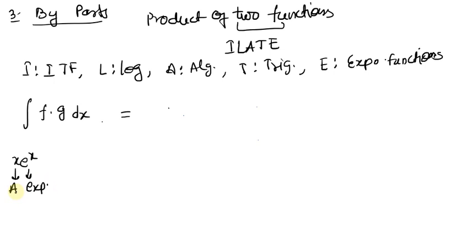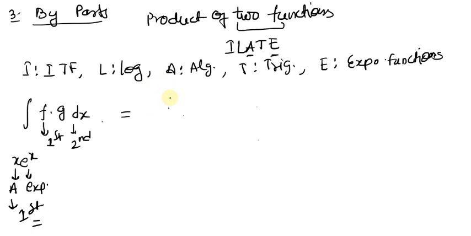So the algebraic function will be called first function. Why? Because in the ILATE rule A comes before E, and that's why x will be called first function. So in the formula f is the first function and g is the second function.